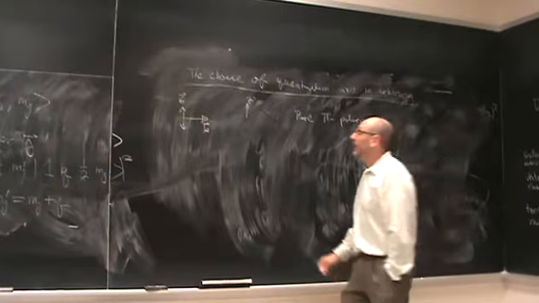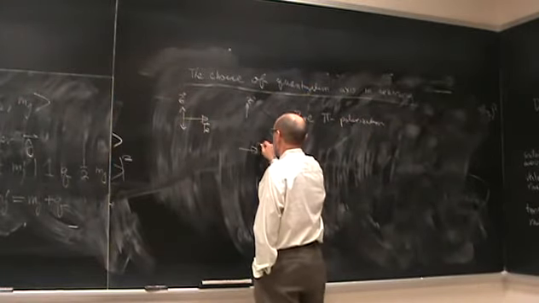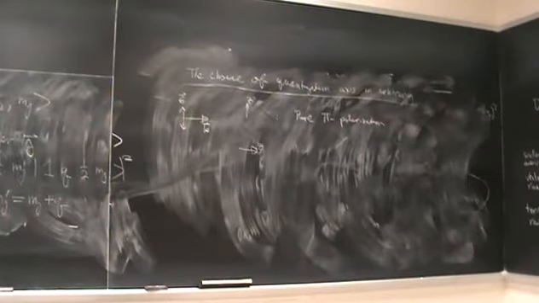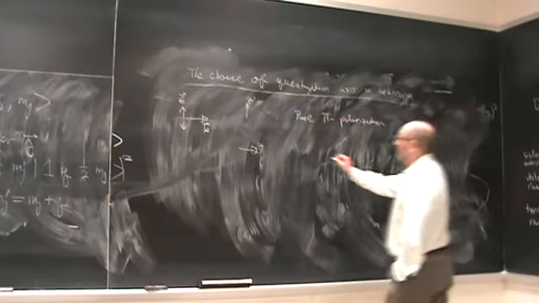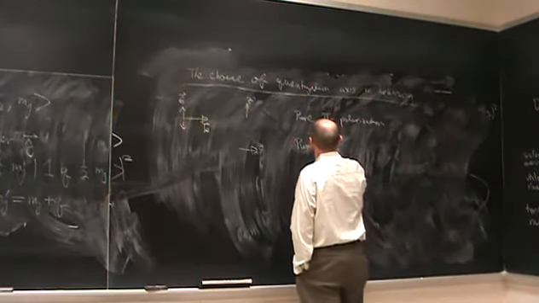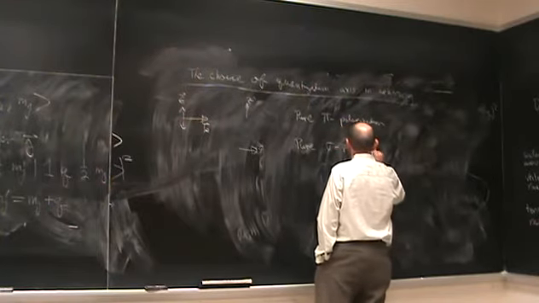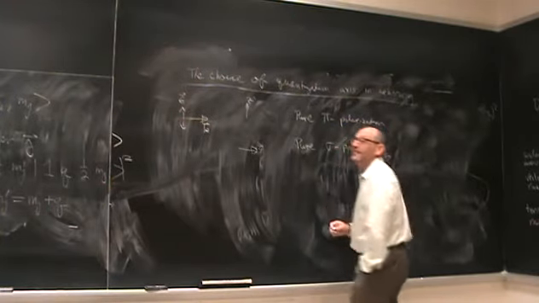If I choose the quantization axis like this, then what would you say about epsilon? Well, it's pure sigma, because it's purely perpendicular. Sigma means perpendicular to the quantization axis. And this is, of course, a superposition.